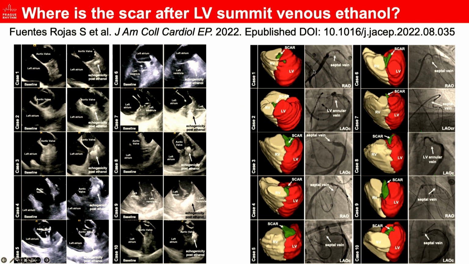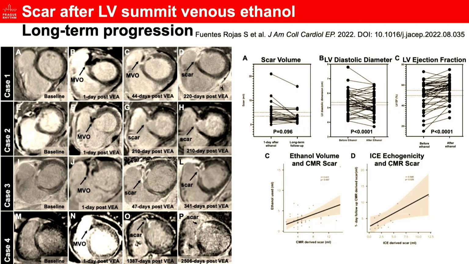And on delayed MRIs, so 30 days or more, these are the delayed enhancement areas segmented in 3D models to compute the size of the volume of alcohol-induced scar. Overall, a median of 4 cc's, calculated by both MRI and ICE.